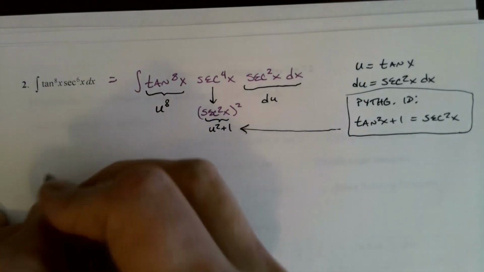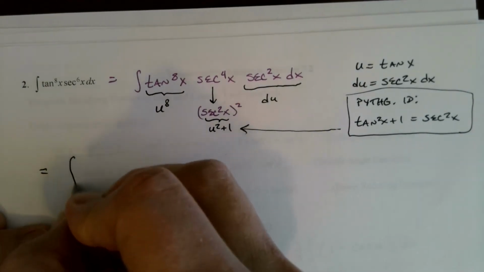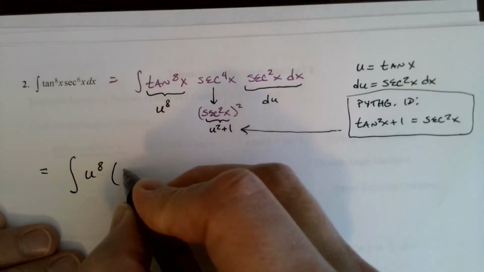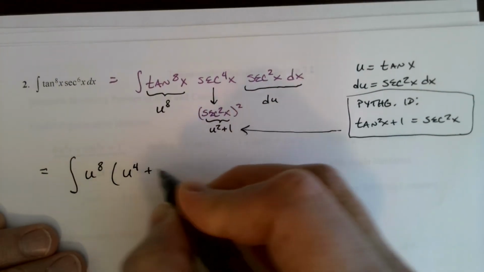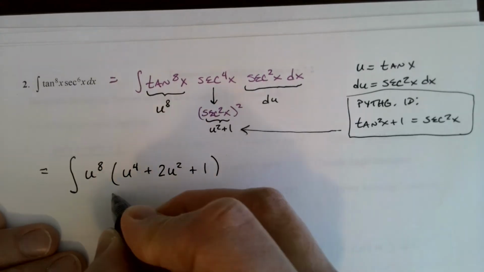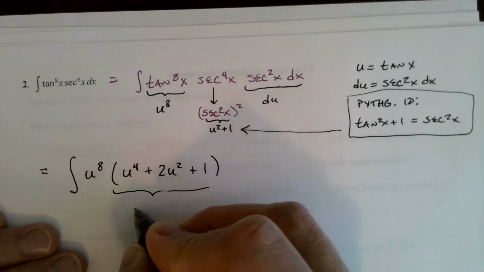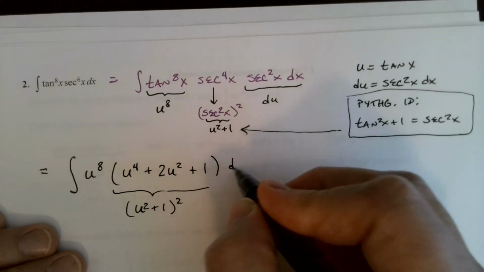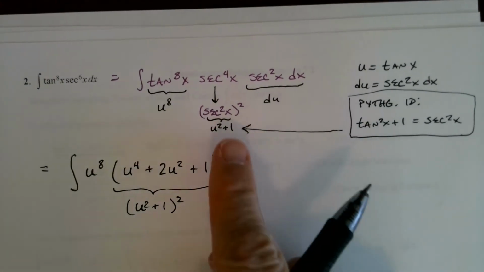So this becomes the integral of u to the 8th, and u squared plus 1 squared is u to the 4th plus 2u squared plus 1. So I do have to expand that out.